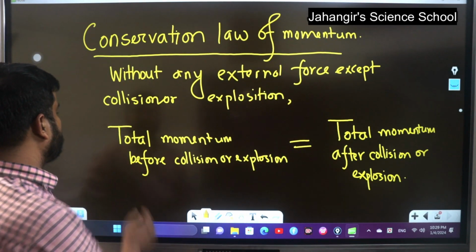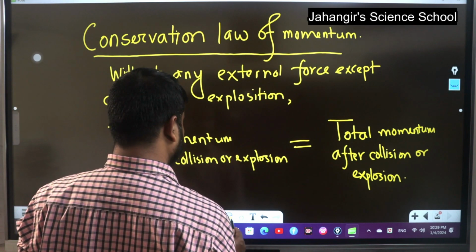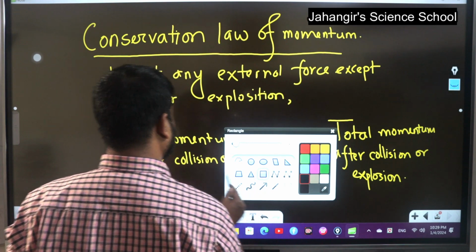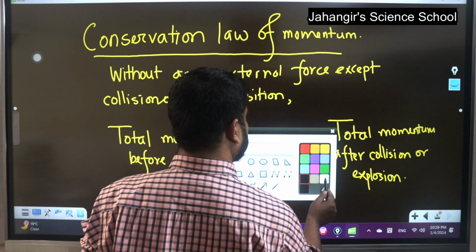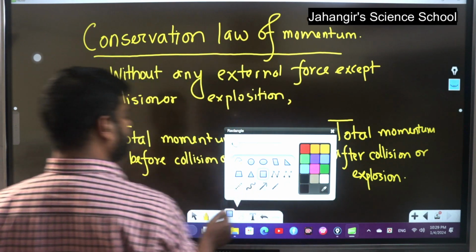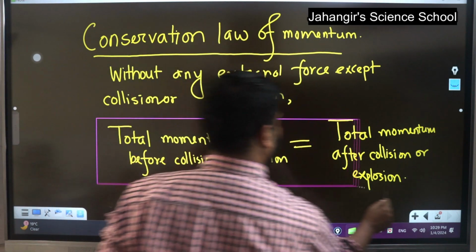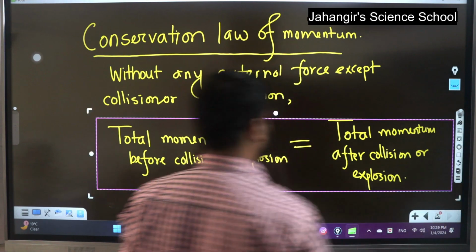So total momentum before collision is equal to total momentum after collision.